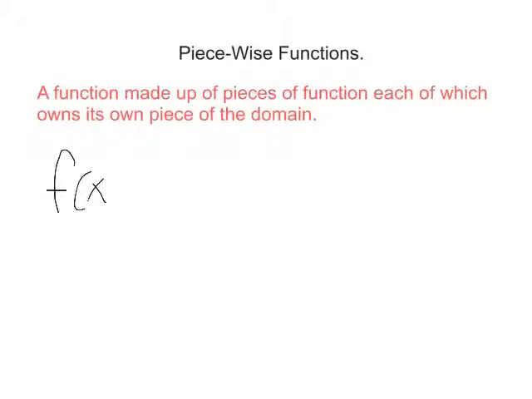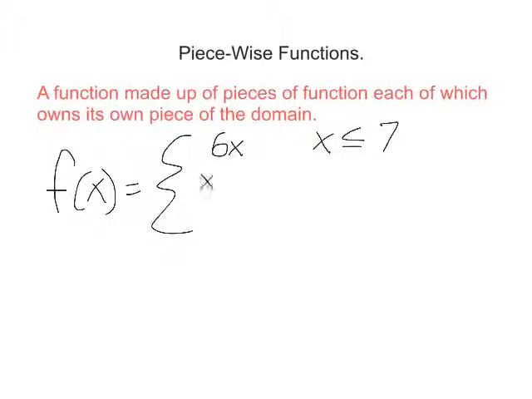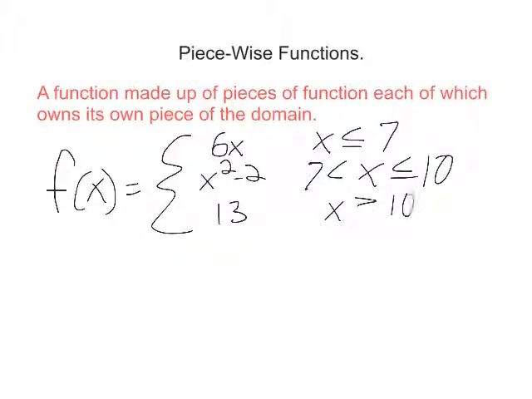So let's say we have a function f of x, and it is equal to 6x when x is less than or equal to 7. It's equal to x squared minus 2 when x is between 7 and 10, and it's going to be equal to the number 13 when x is greater than 10.